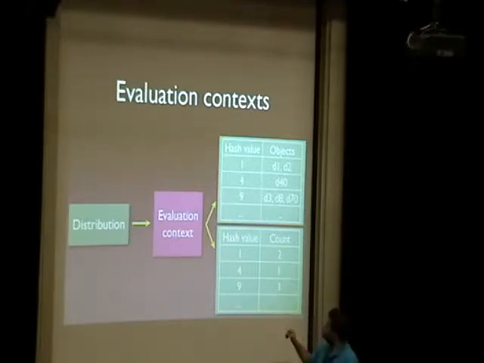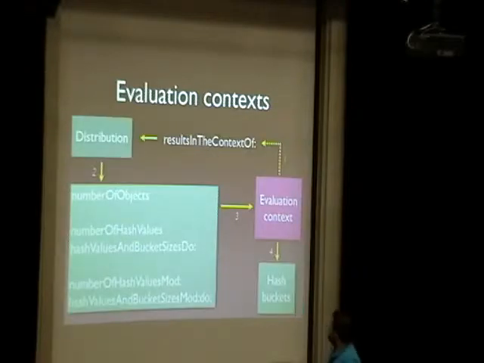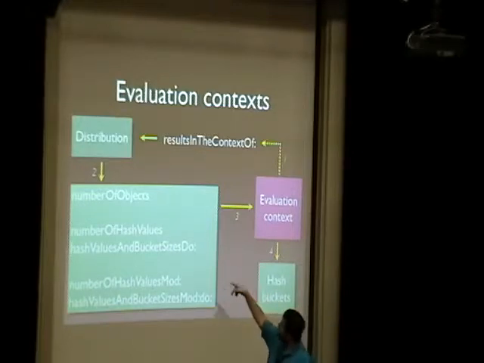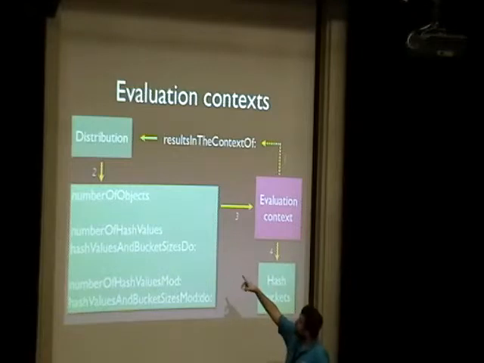So when this object appeared, to me it was like, oh, okay, fine, because now what I can do is just write the distribution calculation once, and then have this arrangement here where the distribution calculation is told, well, give me your results in this evaluation context, and the distribution sends these messages to the evaluation context. So give me these bits of information.